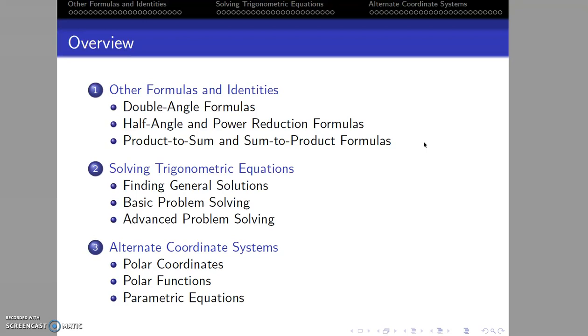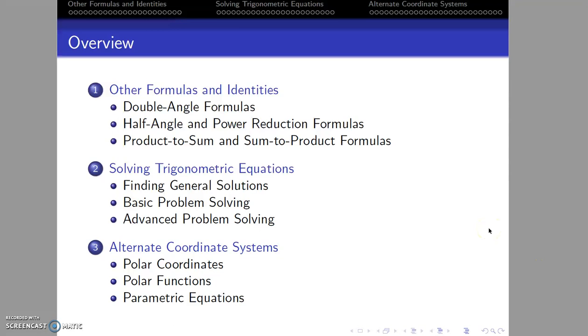And then from there, we will stop with identities and start looking at still more general trig equations, and try to find solutions that aren't necessarily everything. And once we've exhausted that, once we've reached the bottom of analytic trigonometry, we will start to look at other coordinate systems and kind of extend the idea of trigonometry, of circular rotation, into other systems.